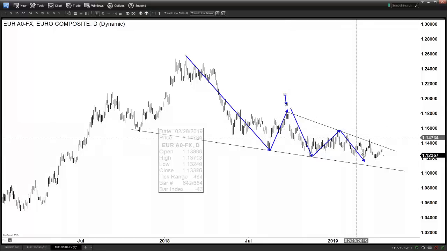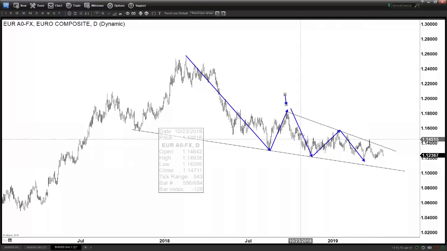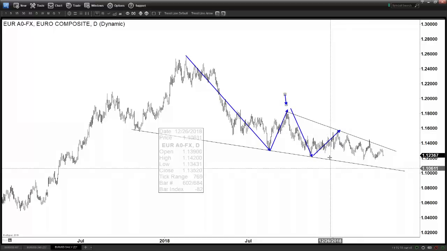It can be a diagonal, so the 5 waves don't have to be an impulse. The internal C wave can be a diagonal, and therefore it could overlap and things like that. But overall, it looks to be still missing, at least in the shorter cycle, another leg lower.